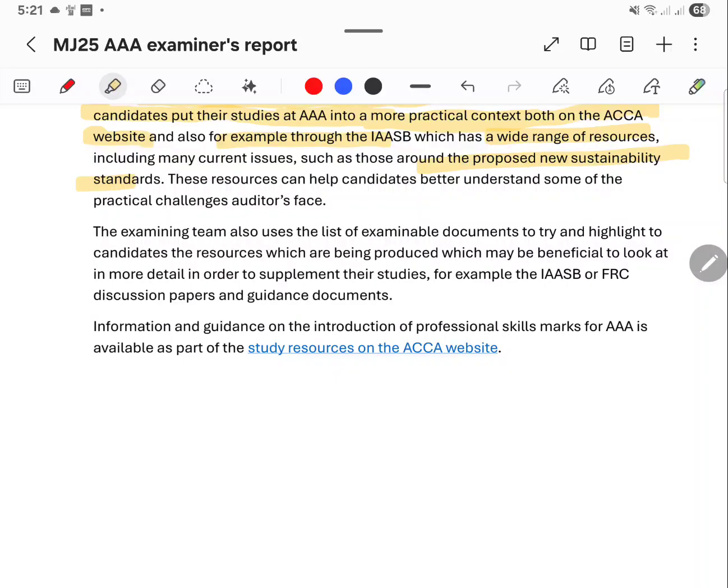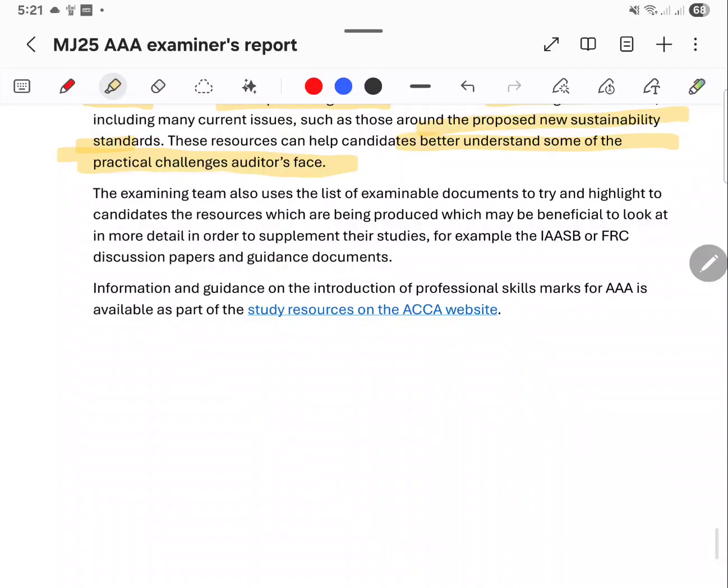These resources can help candidates better understand some of the practical challenges auditors face. The examination team also uses a list of examiner documents to try and highlight to candidates the resources which are being produced, which may be beneficial to look at in more detail in order to supplement their studies.